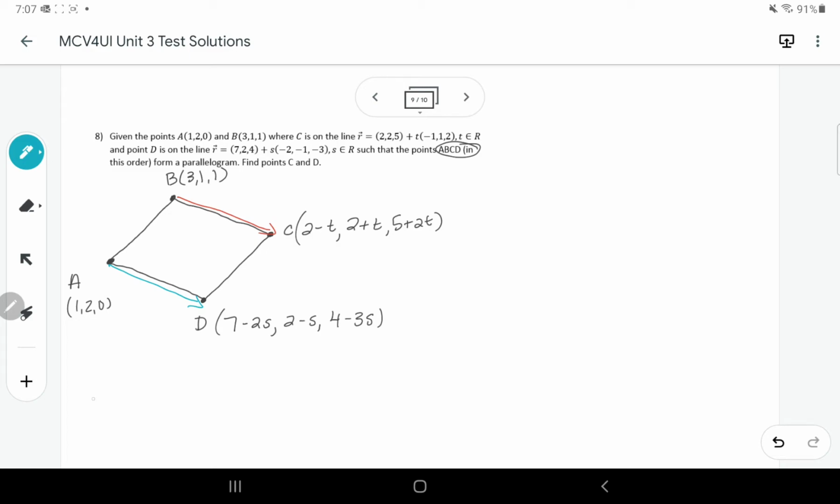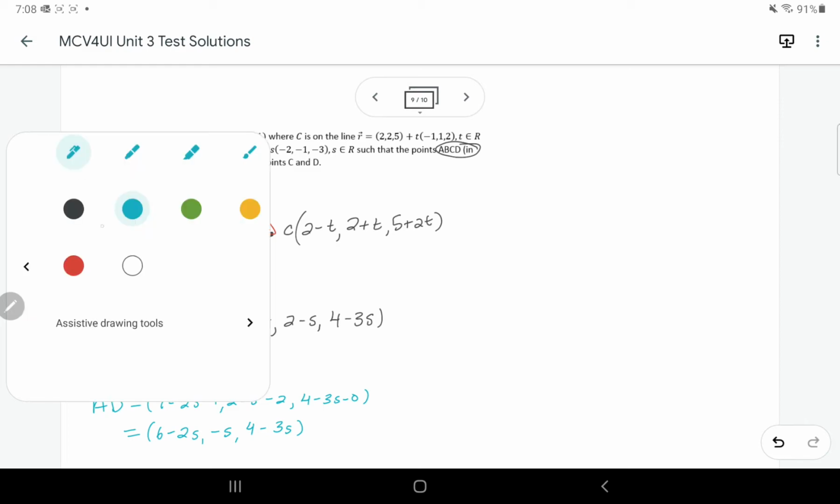So I'm going to find vector AD here. Remember, you're doing the end minus the start. So you have 7 minus 2S minus 1, 2 minus S minus 2, and 4 minus 3S minus 0. And that simplifies to 6 minus 2S, just negative S, which is kind of handy, and 4 minus 3S.